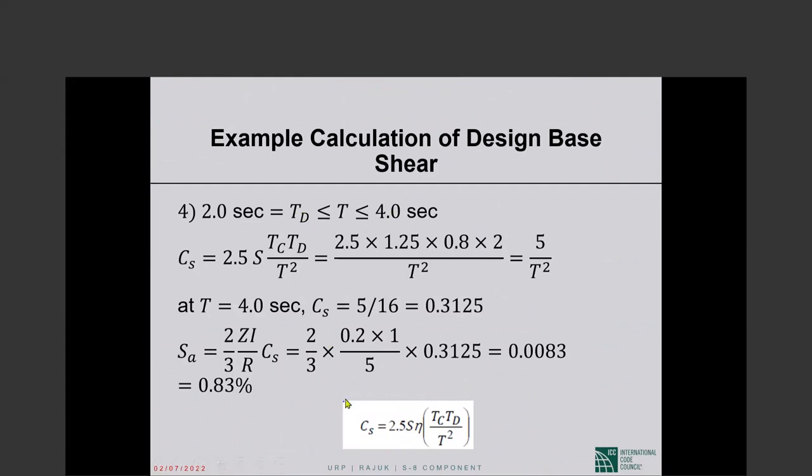The formula is this: eta is equal to 1. So C sub S is 2.5 times the soil factor S, eta goes away, T sub C, T sub D divided by T squared. 2.5, S is 1.25. No, this is a mistake. This is 1.35, right? That doesn't change. I hope the number is right.